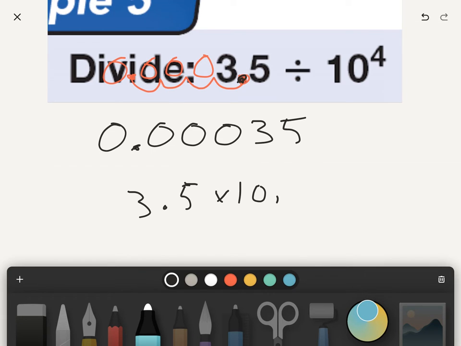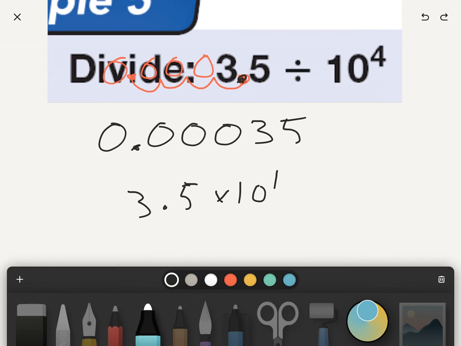That's really times 10,000, which basically means we are moving our decimal place 4 points to the right. 1, 2, 3, 4. That would be 35, right? So we'd have 35,000.